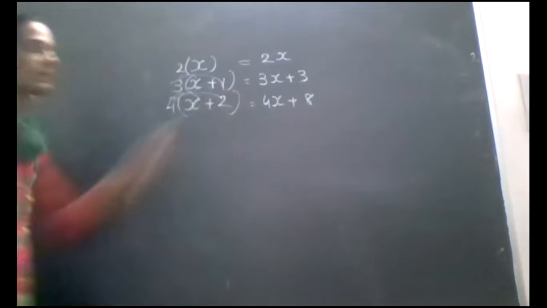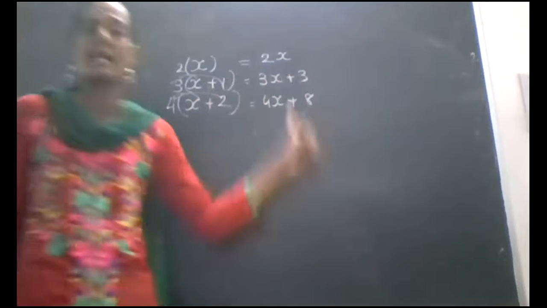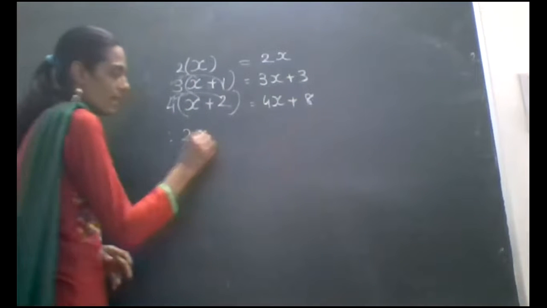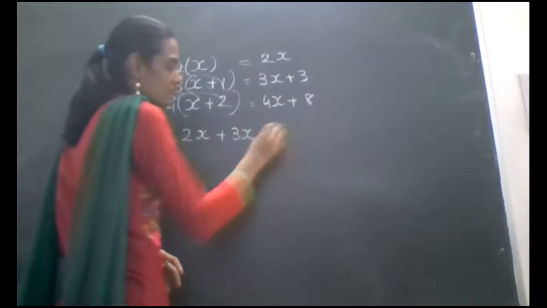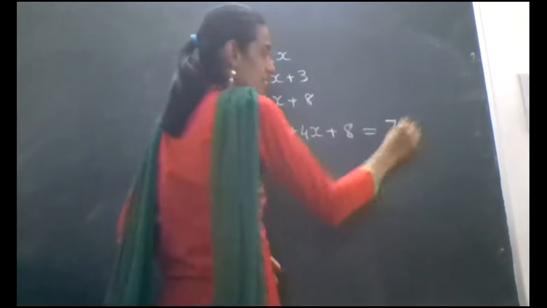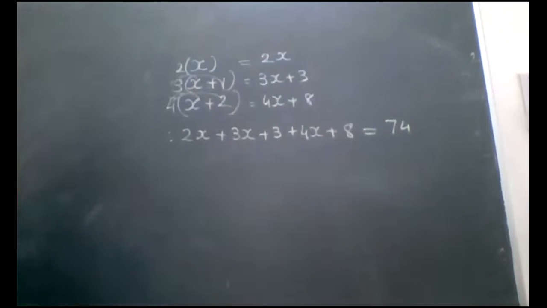Now the addition of all three: if all three add up, they give you 74. So what can we write? 2x plus 3x plus 3 plus 4x plus 8 is equal to 74. Yes, ma'am.